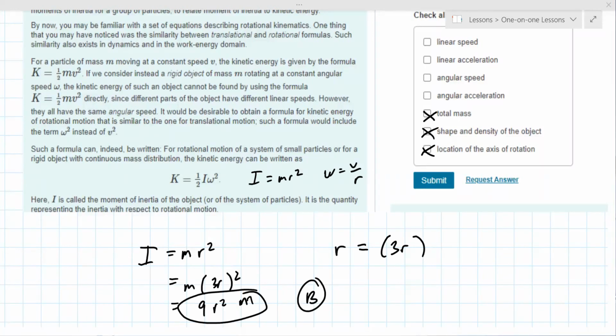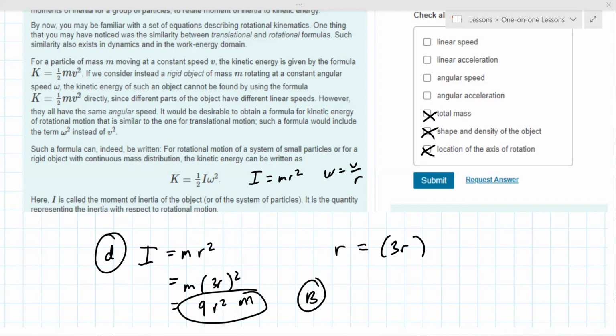Part C is asking for around the x-axis. So it's probably mr squared. That is correct. Part D is if it's around the y-axis. Then that's the calculation I just did. You probably will have to start sending me screenshots of this.